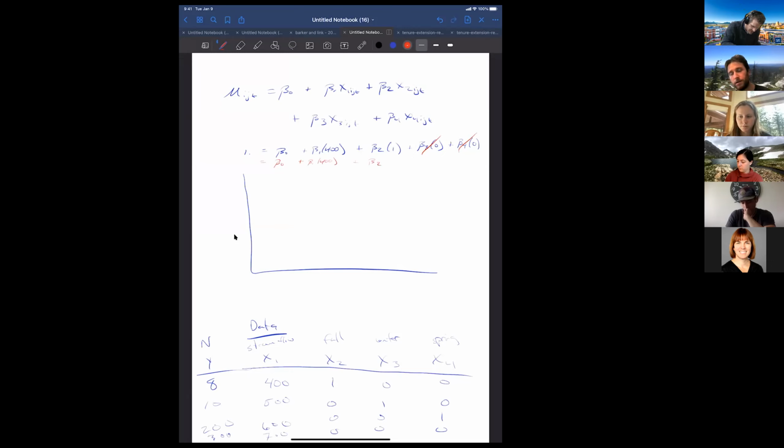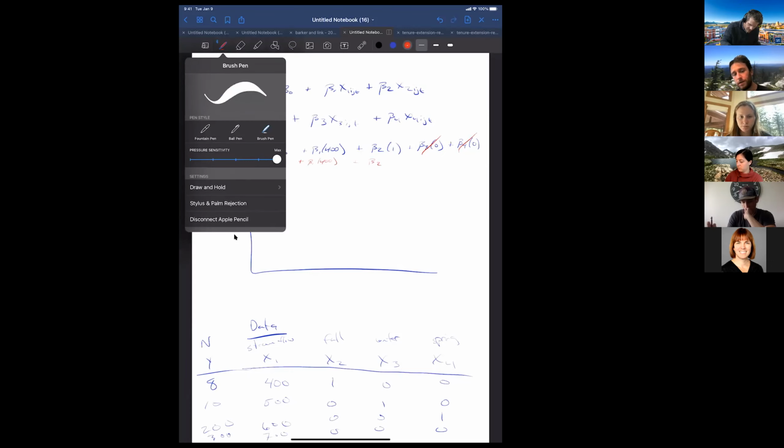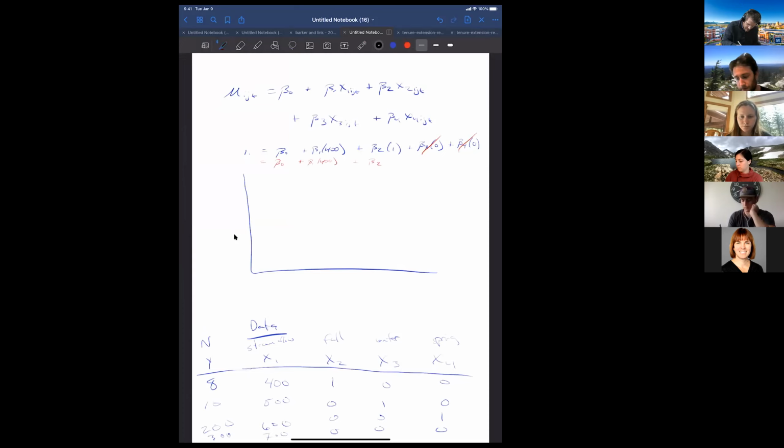For our second observation, actually, I'm going to do our last observation. Beta 0 plus beta 1 times 700 plus beta 2 times 0 plus beta 3 times 0 plus beta 4 times 0. All of these are going to get canceled out.